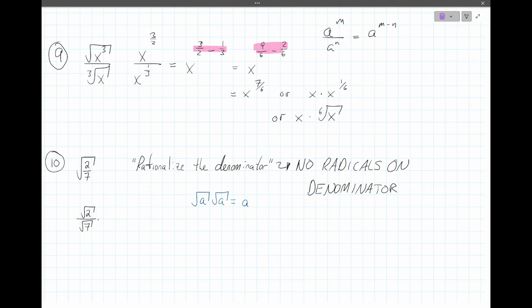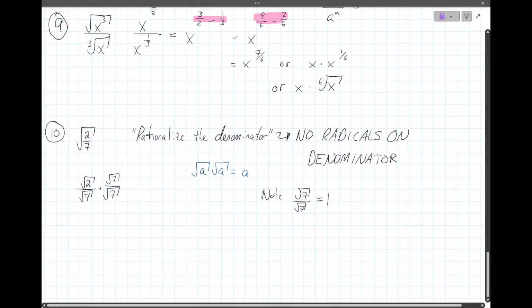So what I can do is multiply top and bottom by a factor of root 7, because I know that root 7 over root 7 is just equal to 1. So I haven't changed the value of the number, I'm just changing how the number looks.